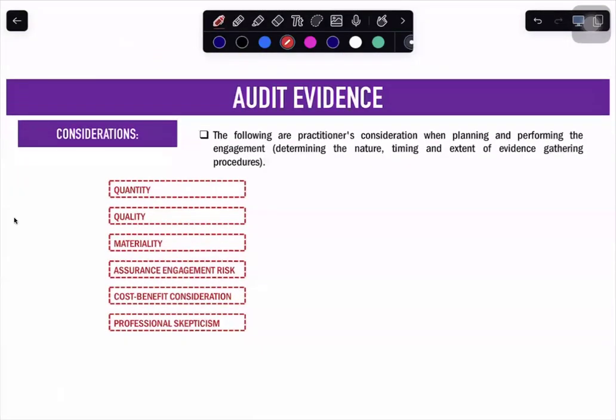Now, let's talk about audit evidence. These are the considerations of the auditor in the planning and performing of the engagement: the nature, timing, and extent of evidence gathering procedures. So earlier, we talked about quantity, quality, materiality, assurance, engagement risk, cost benefit consideration, and professional skepticism.